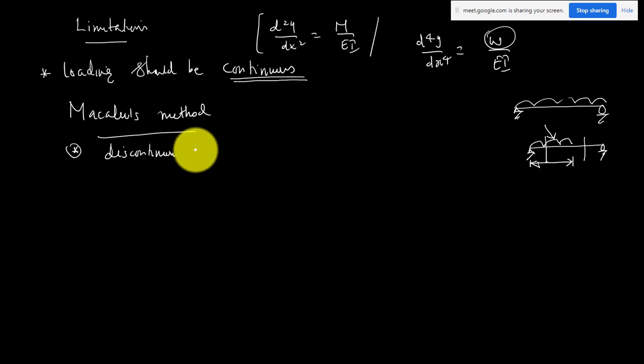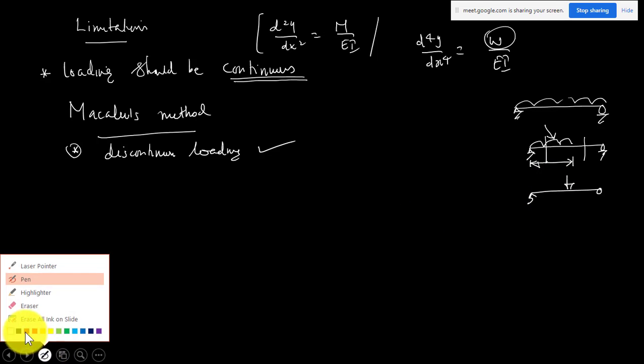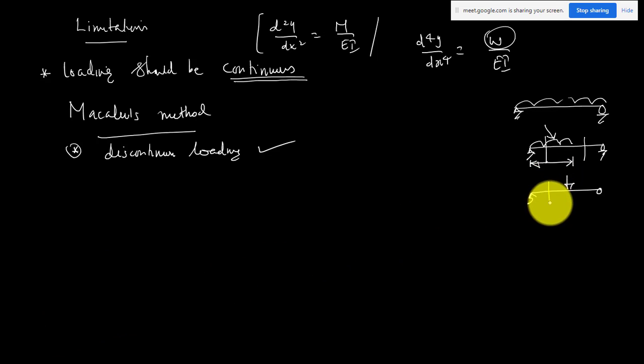We can solve discontinuous loading even if you have a beam with a concentrated load at the center. In this case also we can't use the double integration method directly, because here you will have one equation, and after that, if you write a moment equation, you will have another one. Here your equation will be different, because in this section this load term will also come into the moment equation.